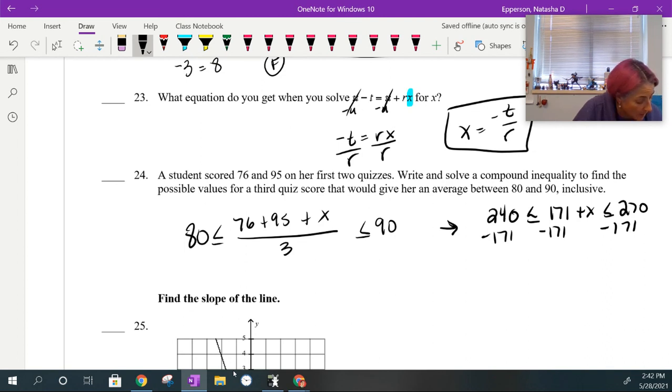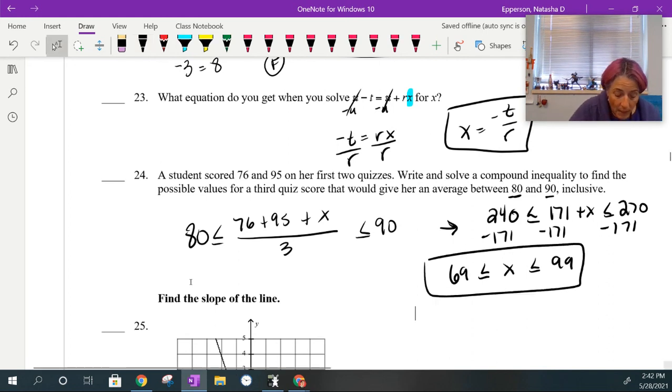So that's going to give me 240 minus 171 is going to give me 69 less than or equal to x less than or equal to 270 minus 171 gives me 99. So in order to get an average between 80 and 90, they need to score a minimum of 69 and a maximum of 99.